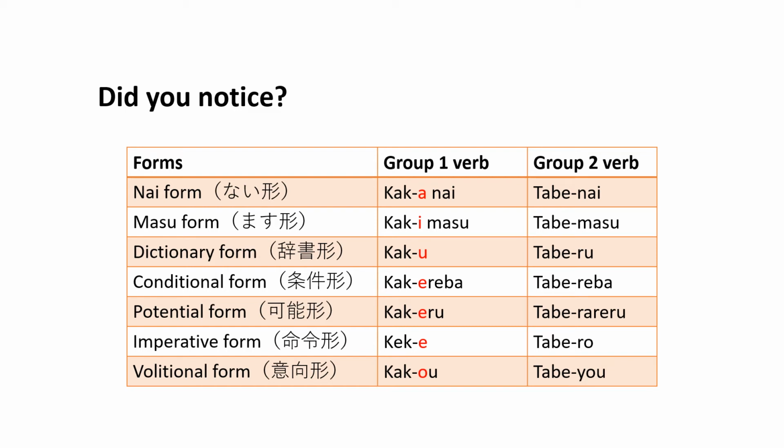You will see a, i, u, e, o. This is the important characteristic of group 1 verb. Please remember this.